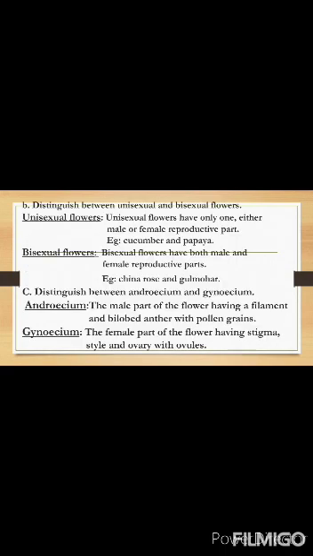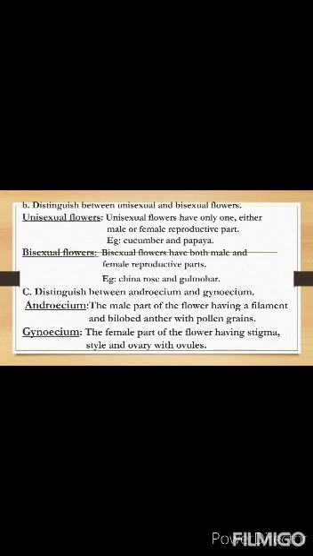Next one, distinguish between unisexual and bisexual flowers. Unisexual flowers have only one, either male or female reproductive part. Example, cucumber and papaya. Bisexual flowers have both male and female reproductive parts.